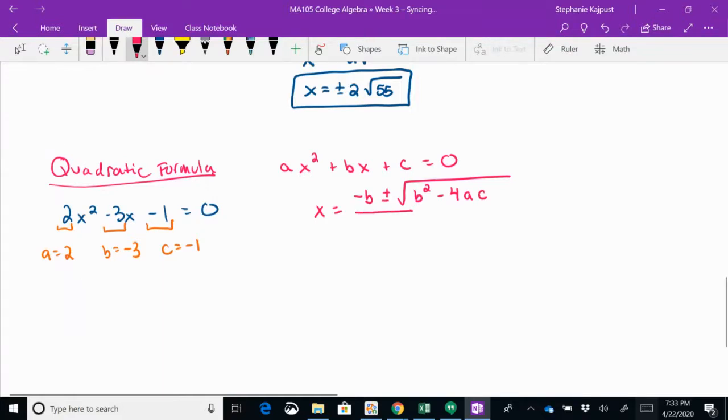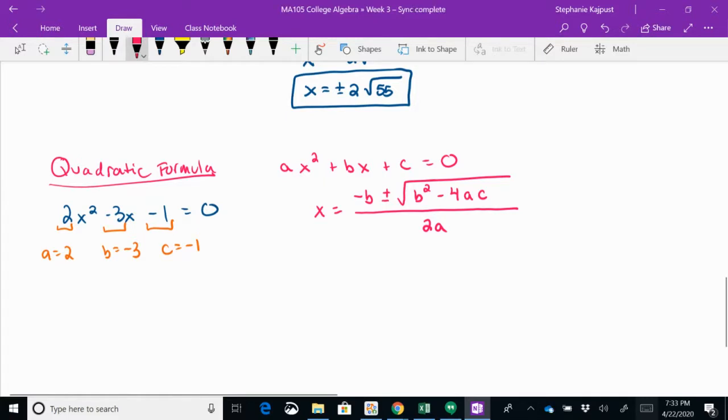And then all of that is over 2 times a. So the key is knowing what a, b, and c are so that you can plug them in.